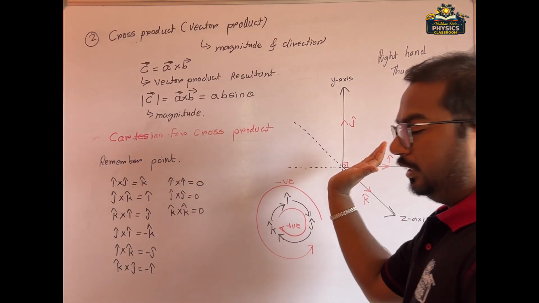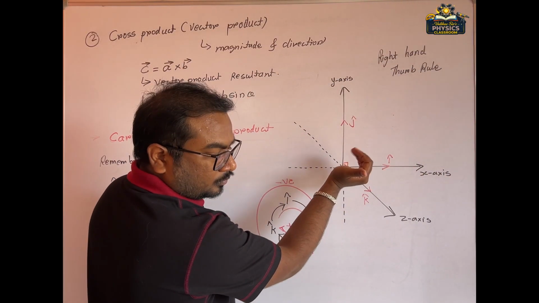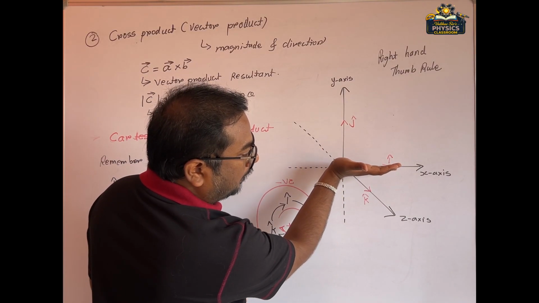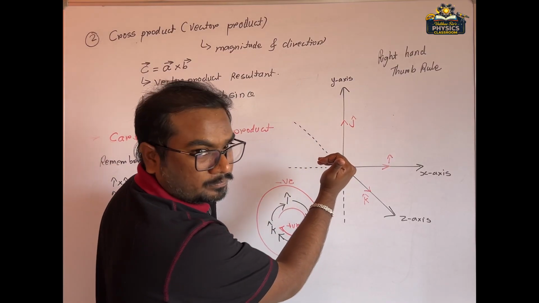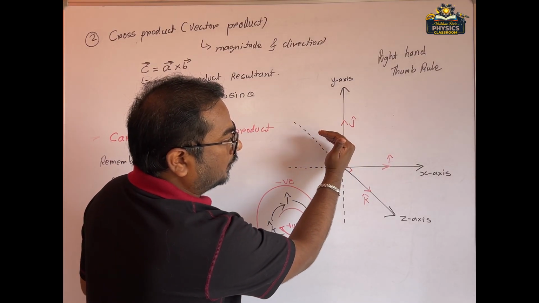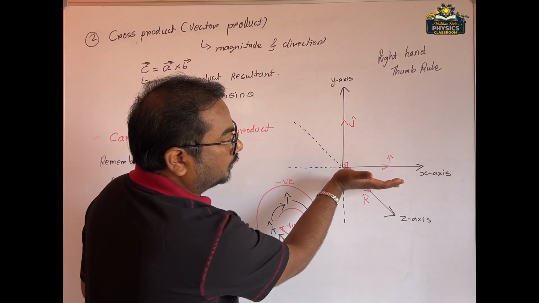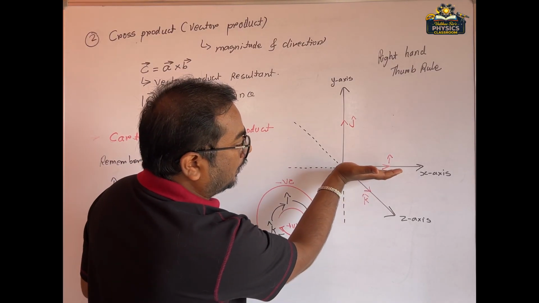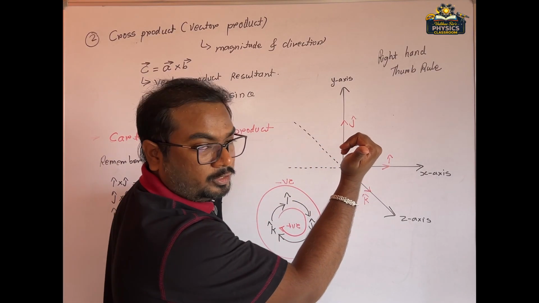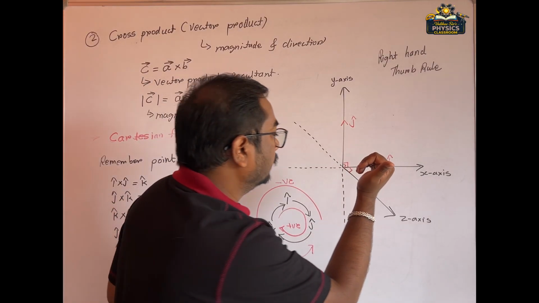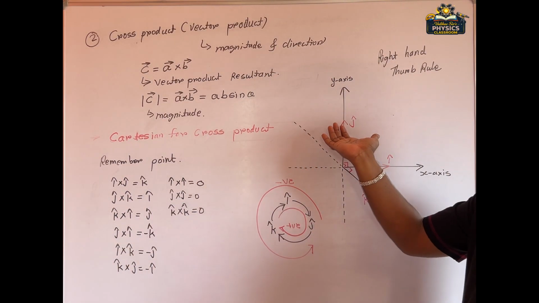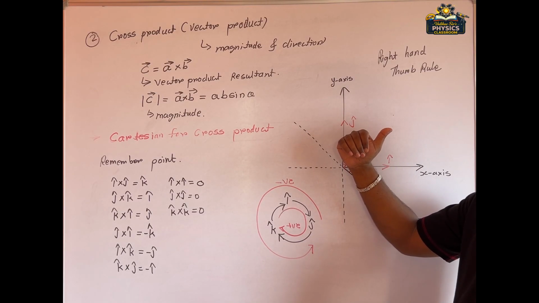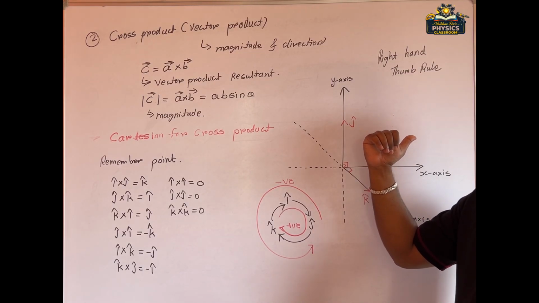If I rotate my palm with the thumb moving in the upward direction, from I to J cap, the direction of the thumb gives the resultant vector, the multiplication of both axes. I cross J will get positive K, right? Then J cross K will get positive I, right?